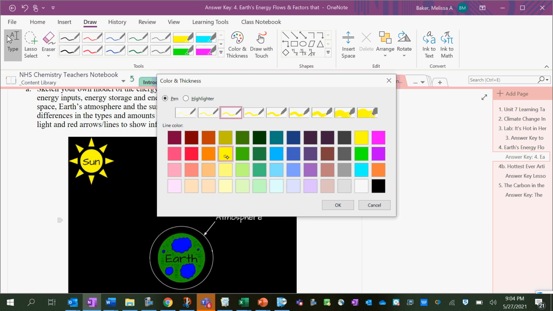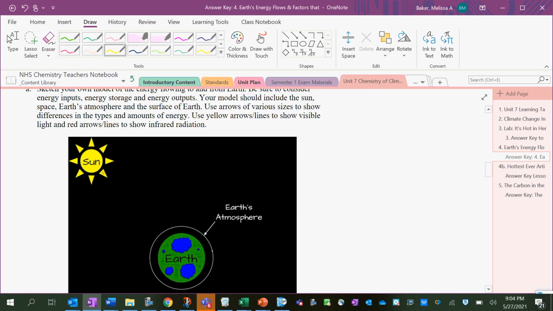Okay, so let's draw some yellow lines first. We've got the energy coming in and lots of it bouncing off of clouds. And then we've got some coming in and some reflects back to space from hitting ice and snow and things like that.